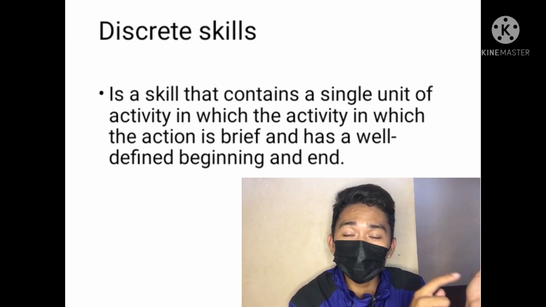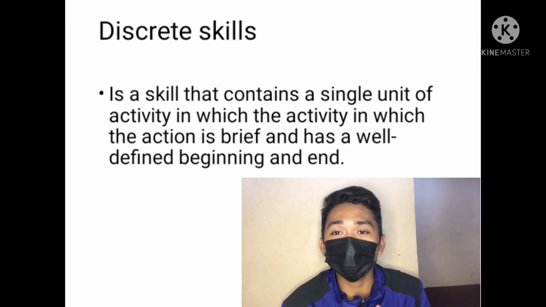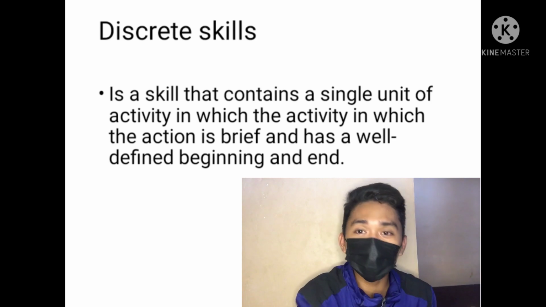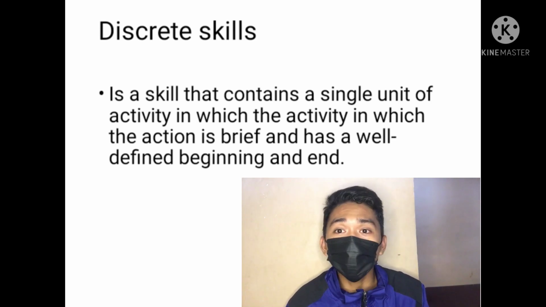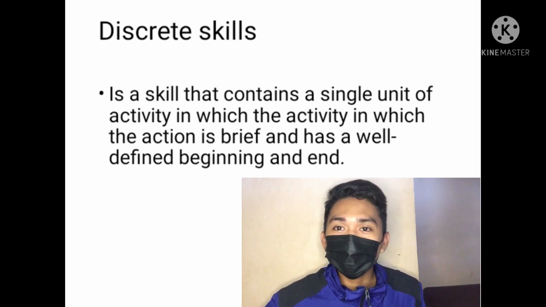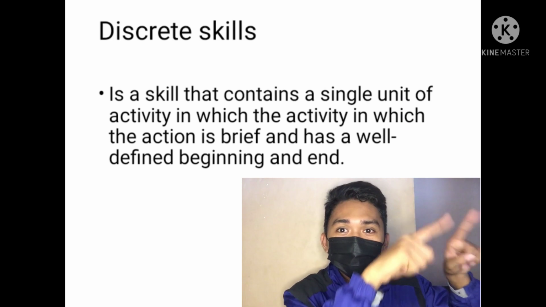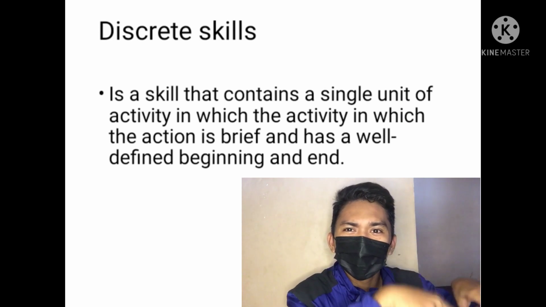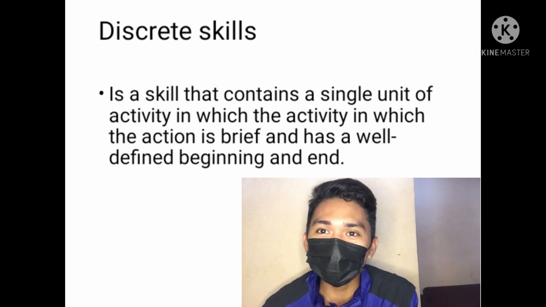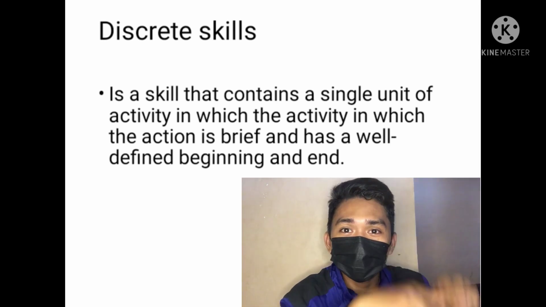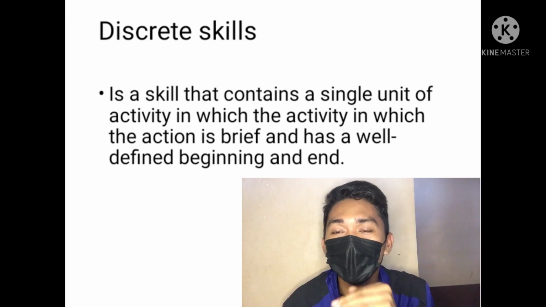So that's the meaning of beginning and end skills or discrete skills. It has a beginning and end. Another example is bowling. When we throw the ball at the pins, the starting point is with you, and the end is when the pins fall down. So that's discrete skills. It has a beginning and ending.